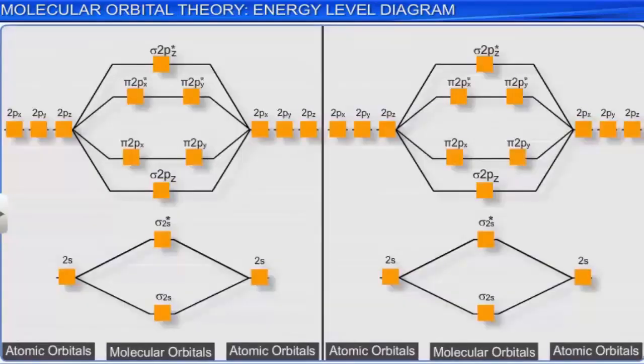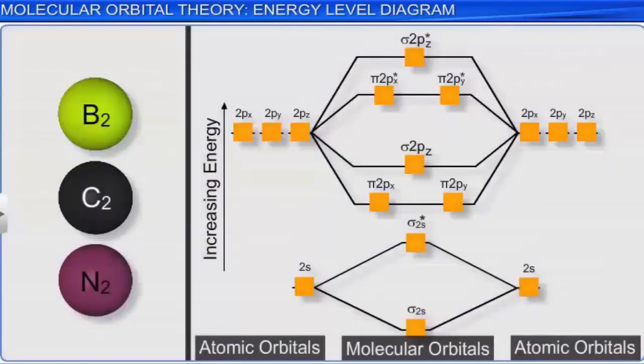it is not accurate for other elements such as boron, carbon and nitrogen, where the molecular orbital energy sequence is slightly different. This is because of the interaction between the electrons of the 2s atomic orbital of one atom with the electrons of the 2pz atomic orbital of another atom due to their relatively similar energy levels.